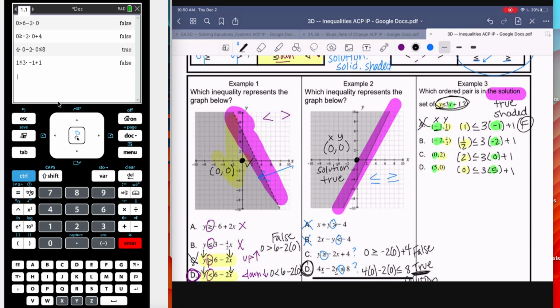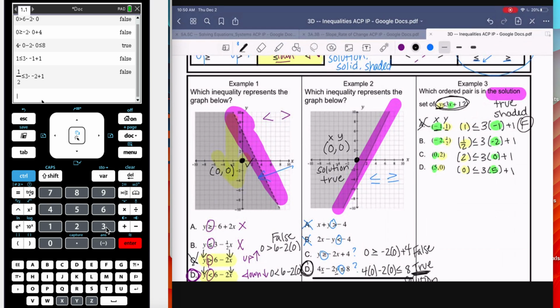I'm going to try the next one, B. Negative 2 plus 1.